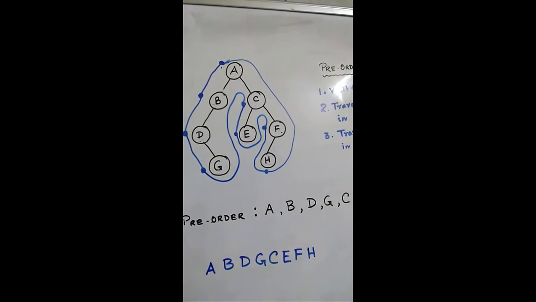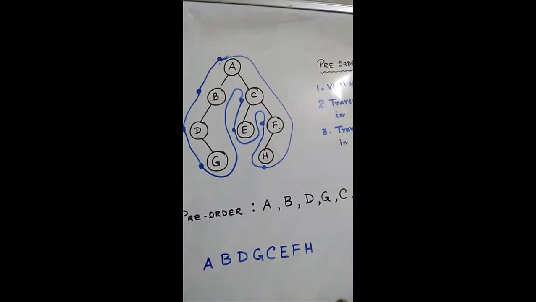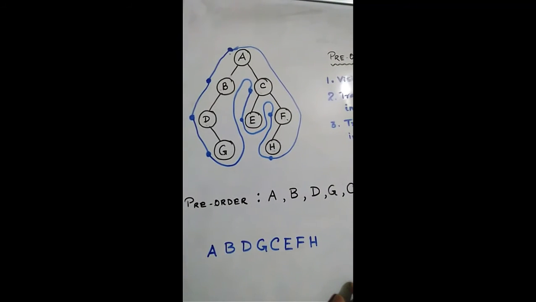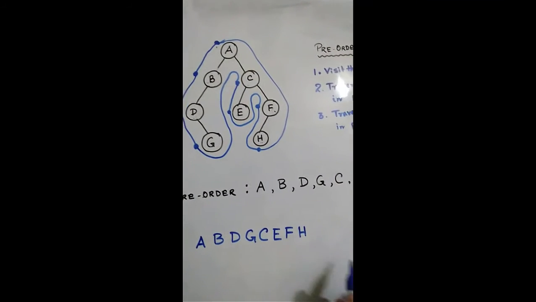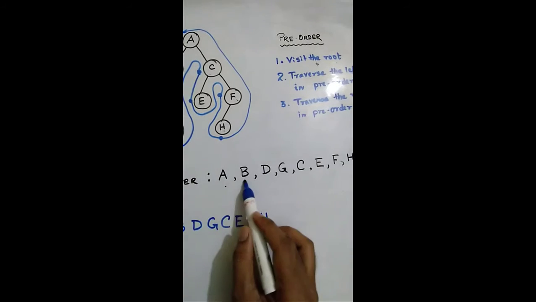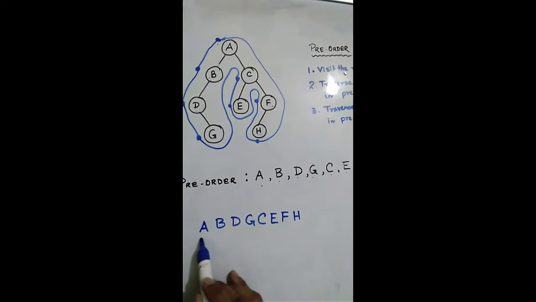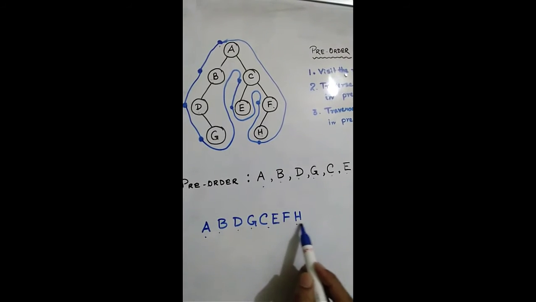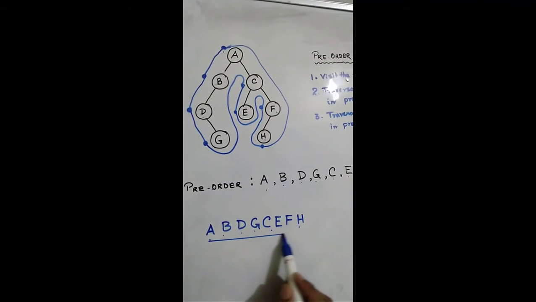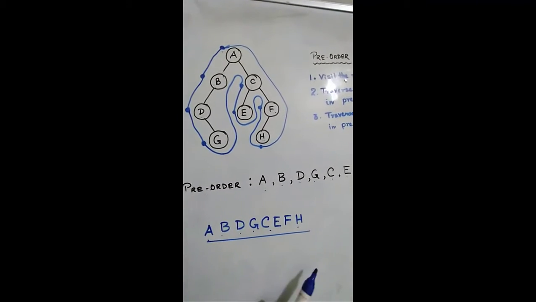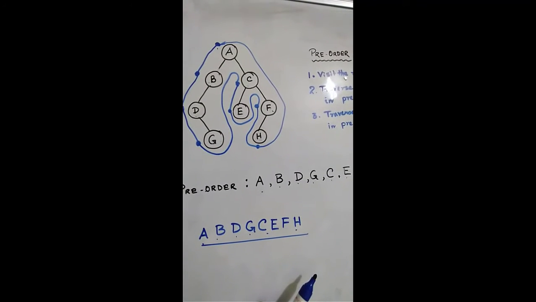In this way we can also find the preorder sequence of the given binary tree, and that will be the same: A, B, D, G, C, E, F, H. That is the same pre-order sequence that we found with the help of the algorithm.